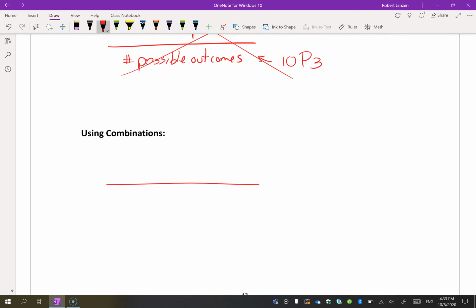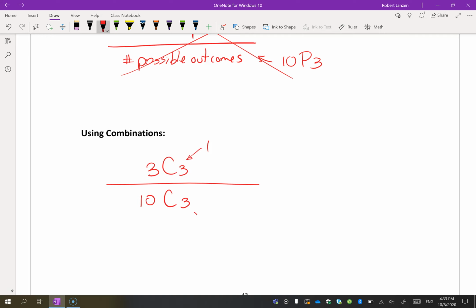Okay, and so what I'm going to do here for the number of possible outcomes is 10 choose 3. How many ways can I choose 3 people? And then there's only one way that's favorable, and that's of those 3 guys, I'm going to choose all 3 of them. This is actually going to be 1.